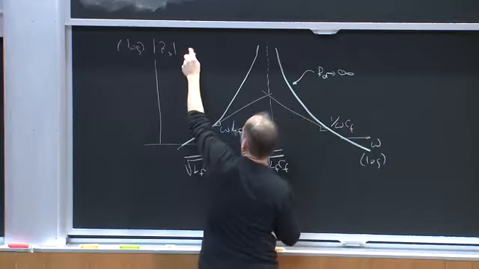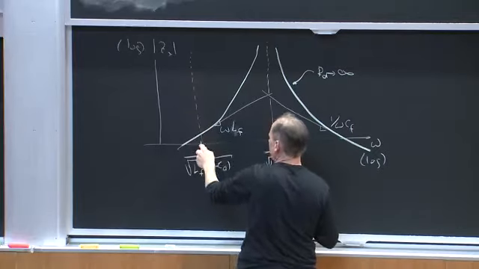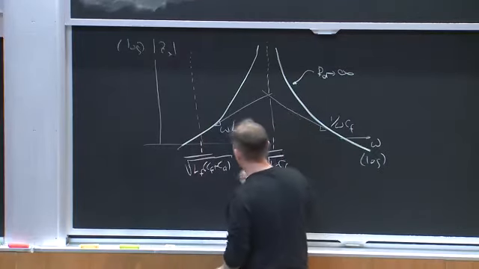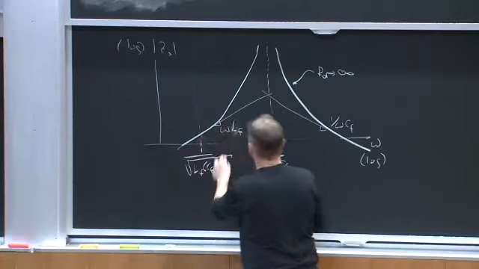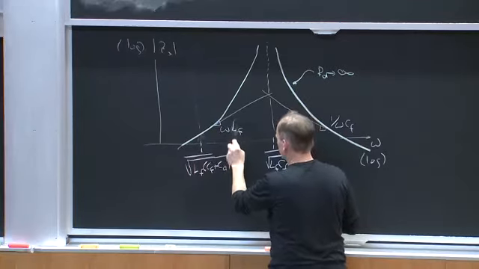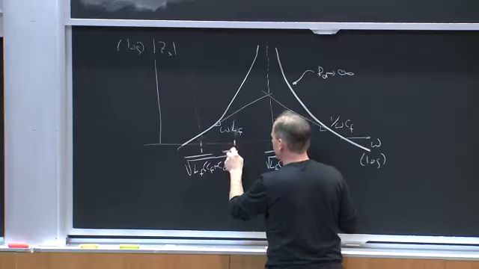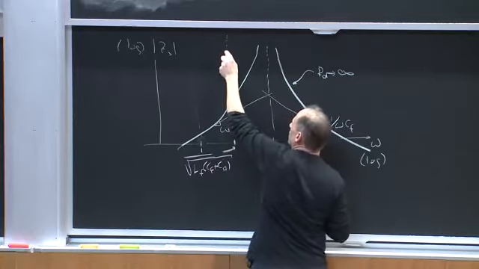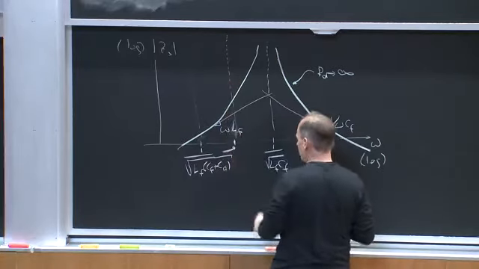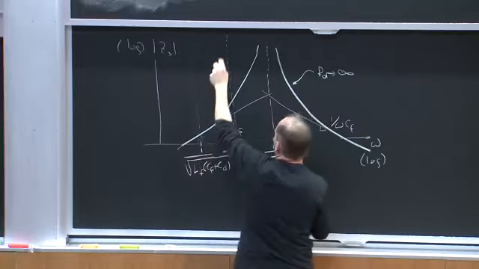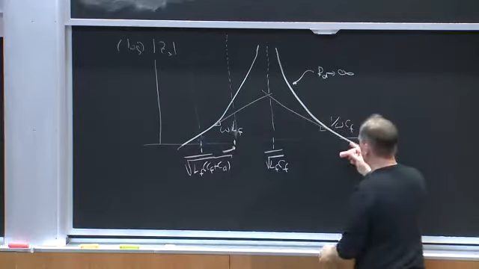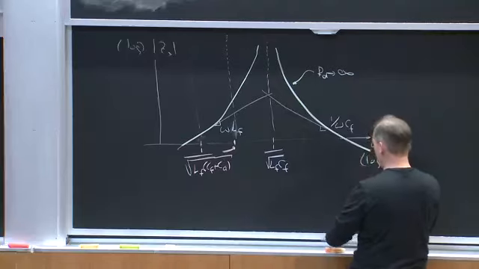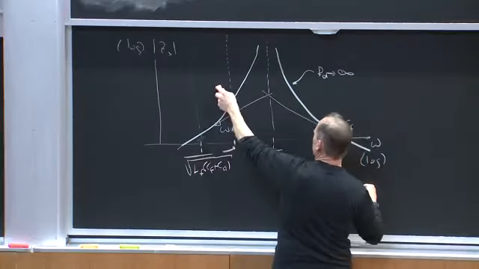And I'd have another cutoff. Let me put it over to the right, here, just so you can see it more easily. I would get a different high frequency asymptote.